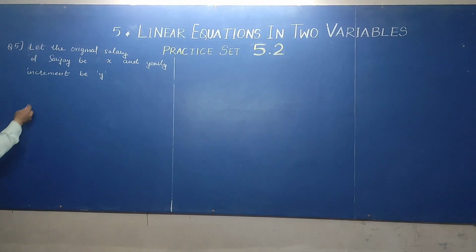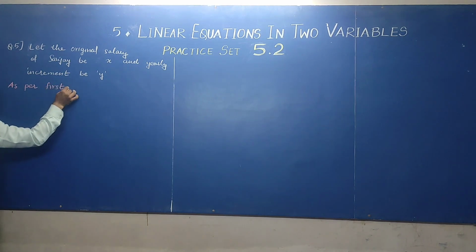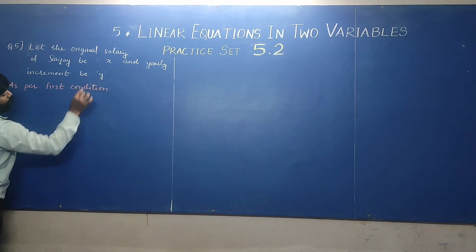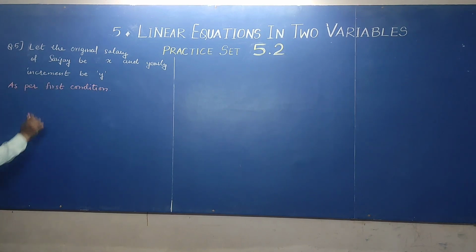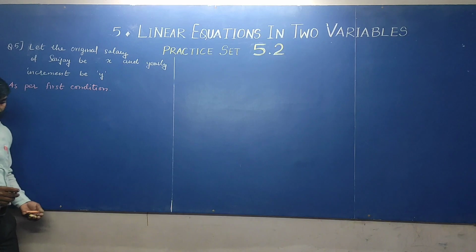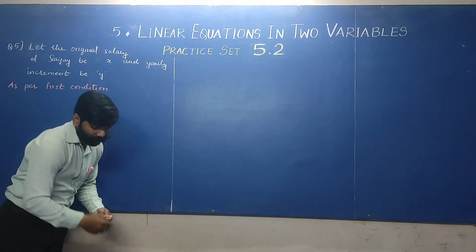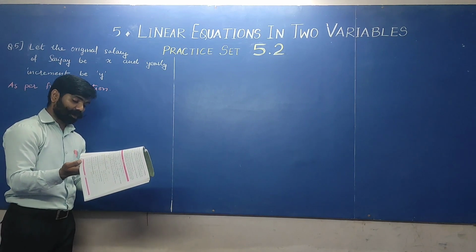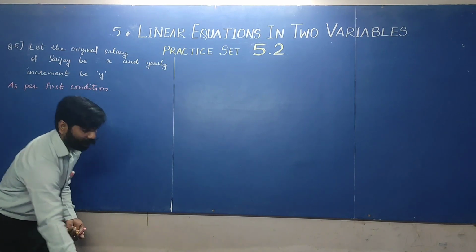Okay, so as per first condition, now what is the first condition saying? The first condition is saying the income after 4 years, his monthly salary became 4,500 rupees.